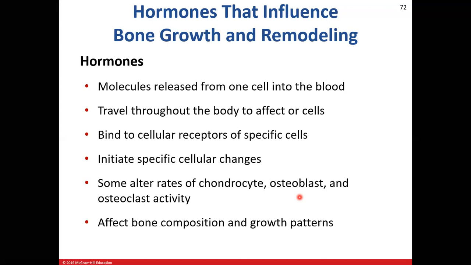And by initiating these cellular changes, they can actually alter the rates of chondrocyte, osteoblast, and osteoclast activity. So we can change how much bone we're putting down, or how much bone we're breaking down, or how much activity we have on the matrix that the chondrocytes are utilizing. And so what this does then, it affects bone composition as well as the growth patterns.